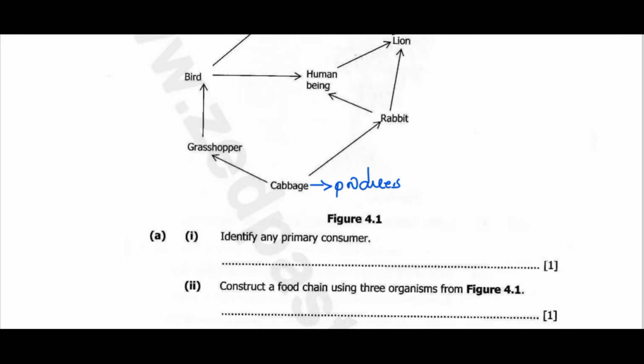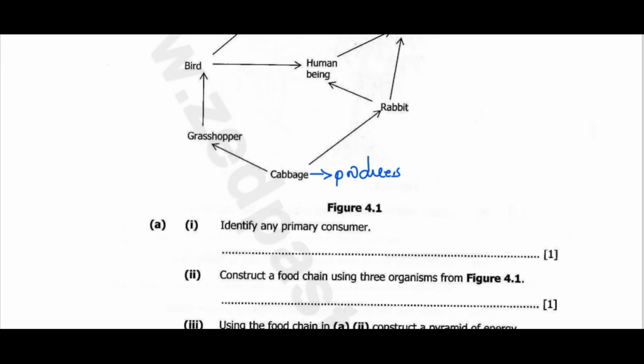So let's look at A, Roman number 1, identify any primary consumer. So we have grasshopper and rabbit. Then construct a food chain using 3 organisms from figure 4.1. So the first one is the producer.